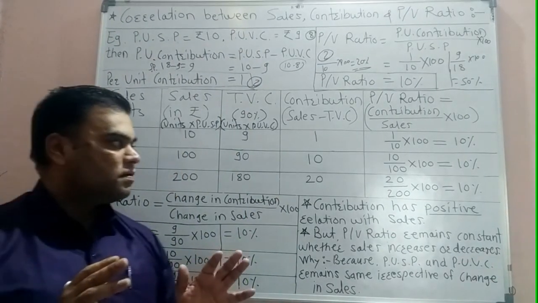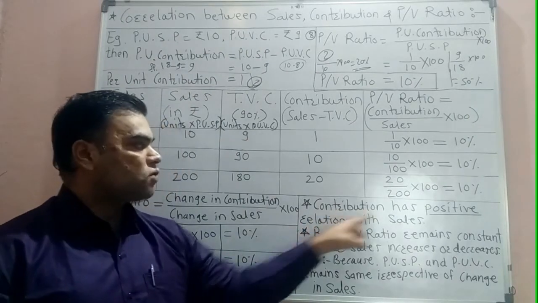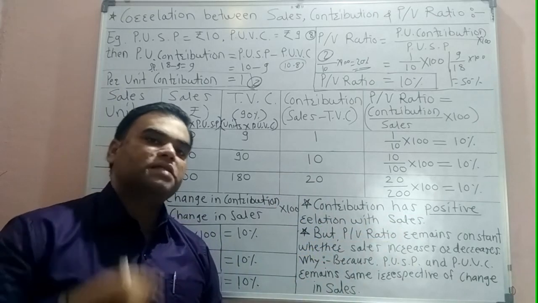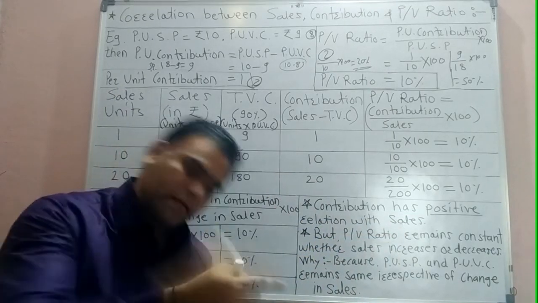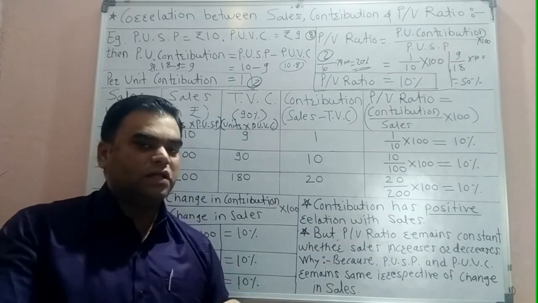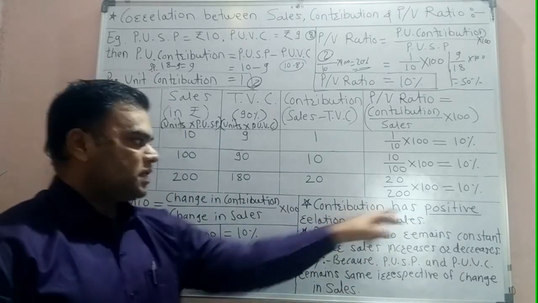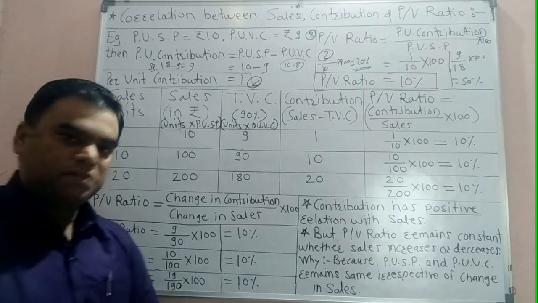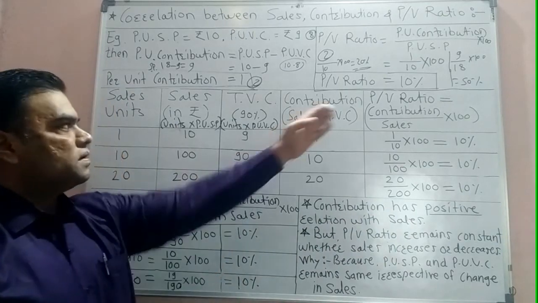So what we have discussed? First, we have discussed contribution has positive relation with sales. If you increase sales by 10%, your contribution will also increase by same 10%. If you decrease sales by 10%, your contribution will also decrease by same 10%. That's why contribution has positive relation with sales. What second thing we discuss? PV ratio.